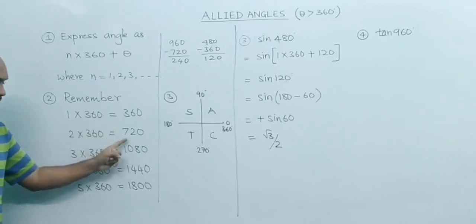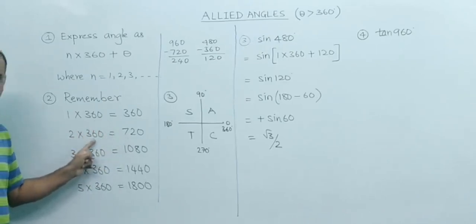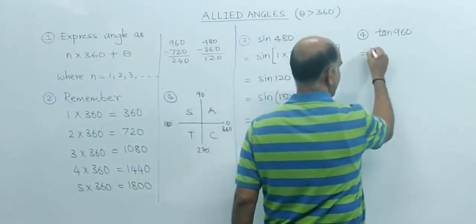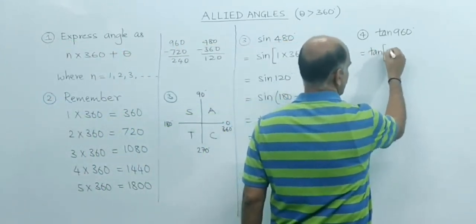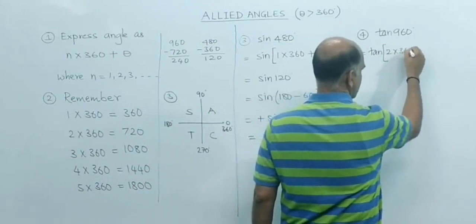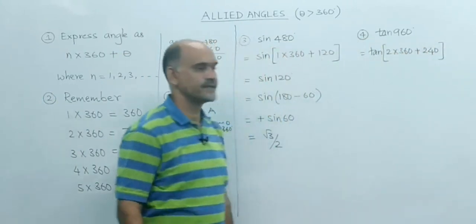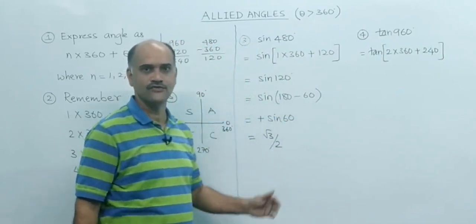So 960 is written as 2 into 360 plus 240. So tan of 2 into 360 plus 240.